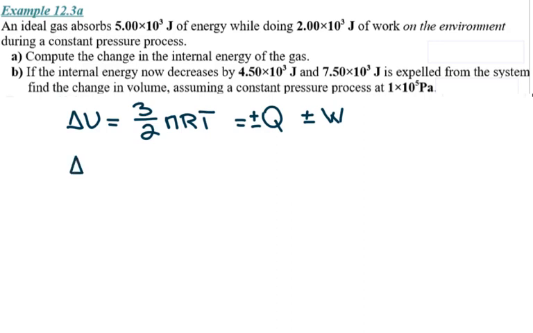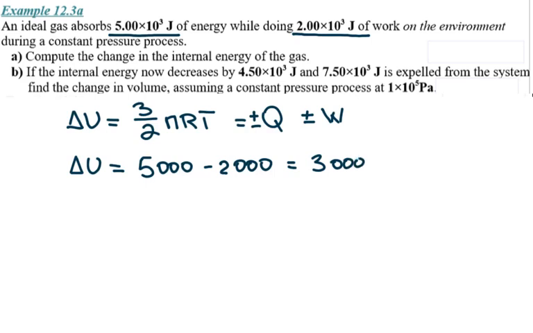So the internal energy is equal to, it absorbed 5,000 joules of energy, so 5,000 joules of energy was added into the system, but it did 2,000 joules of work on the environment, so minus 2,000 joules. So that gives me 3,000 joules of energy gained by the gas.